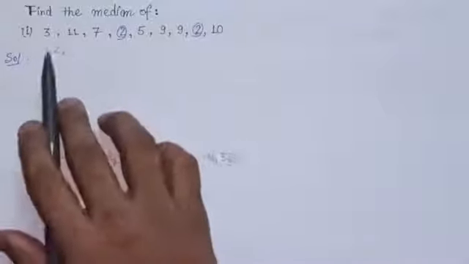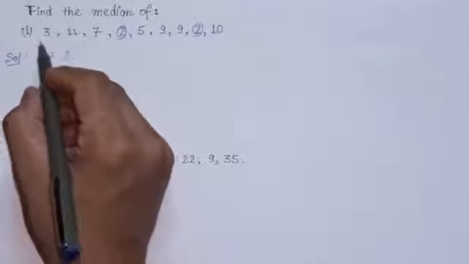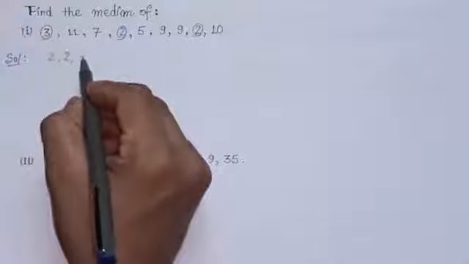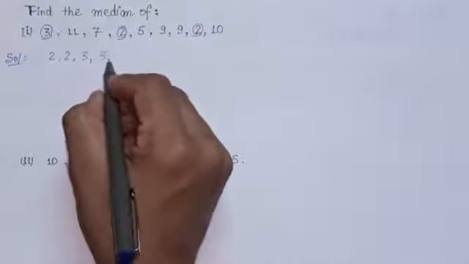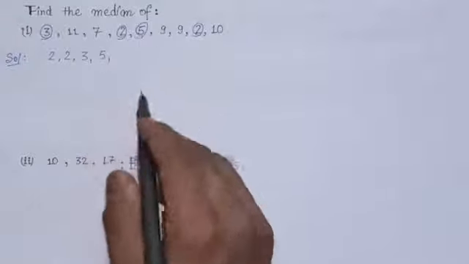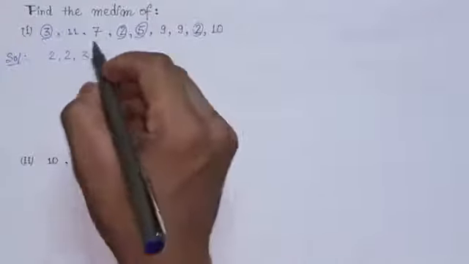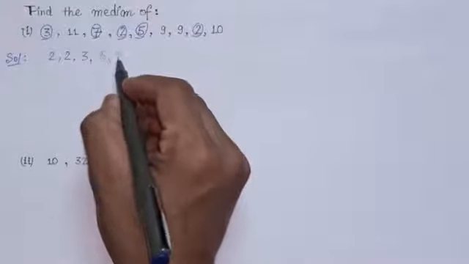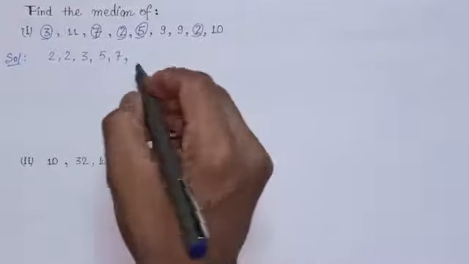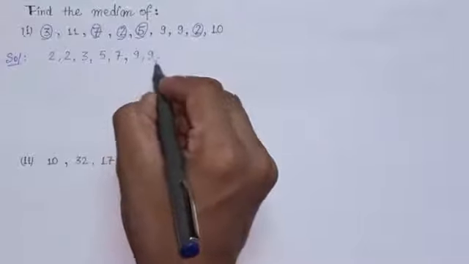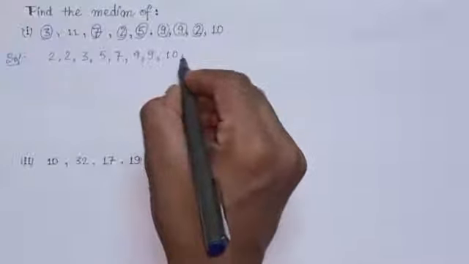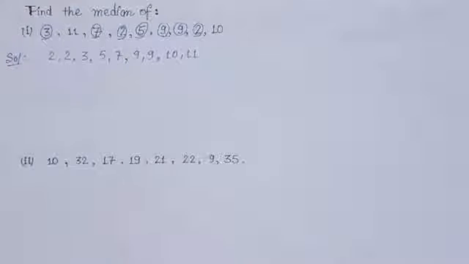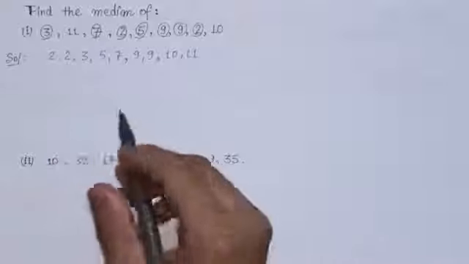After that 3 is the smallest term, so we have 3. Now 5, and after 5 comes 7, and after 7, 9 comes 2 times, and after 9 comes 10, then 11. So we have arranged the observations of the data in ascending order.